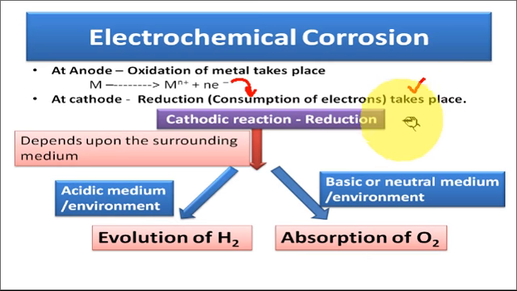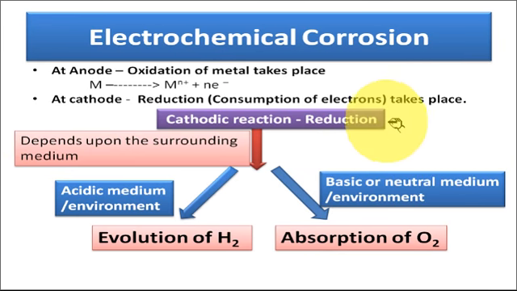This consumption, or the reduction process, at the cathodic part is dependent on the surrounding medium. What does it mean, the surrounding medium? In which type of environment is the metal present? It may be an acidic environment, or it may be a basic or neutral environment.